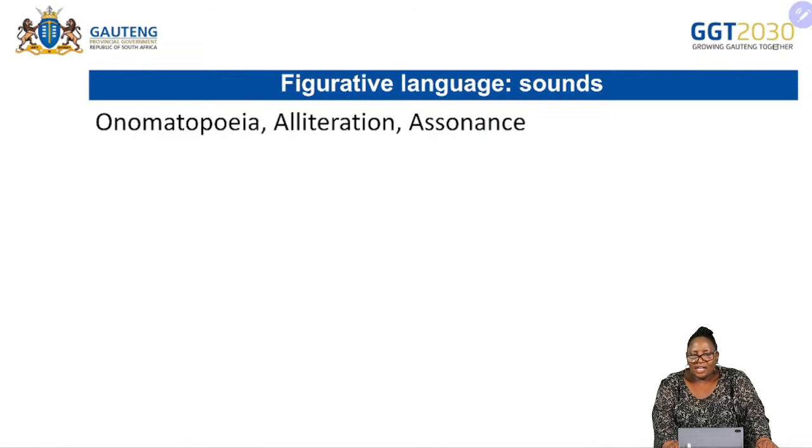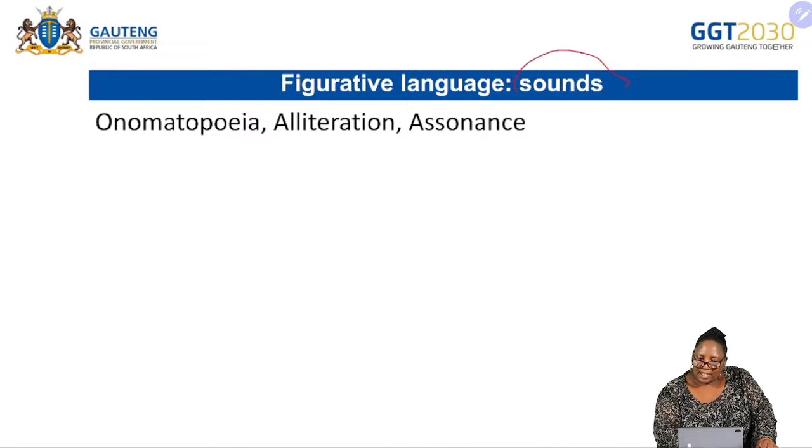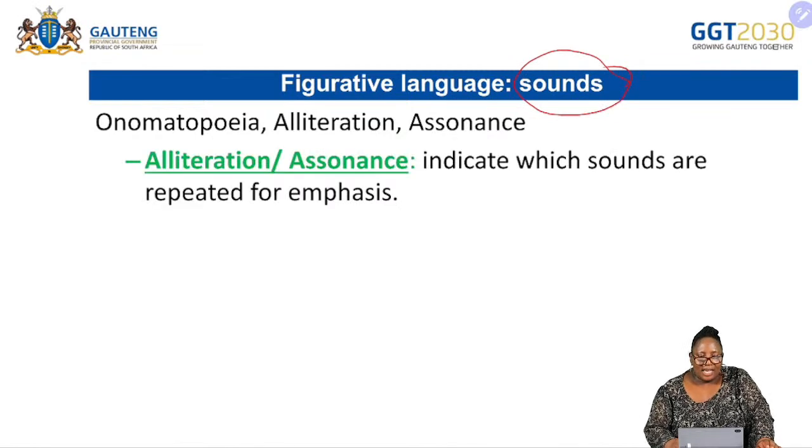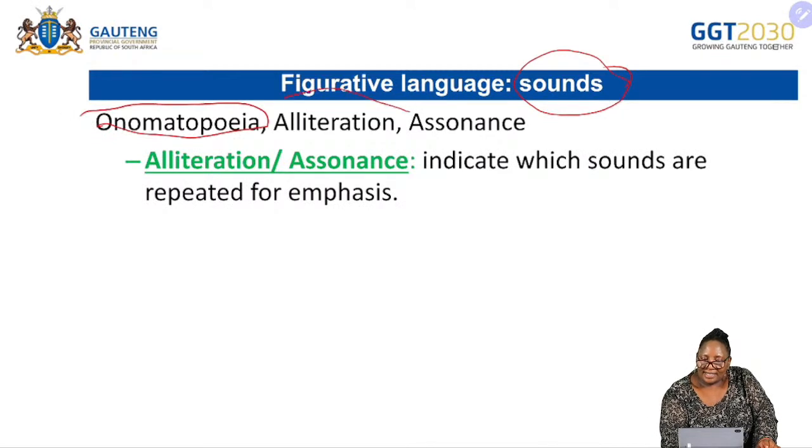Now we have figurative language that has to do with sounds. And normally with sounds, it has to do with poetry. We have onomatopoeia, we have alliteration, and then we have assonance.